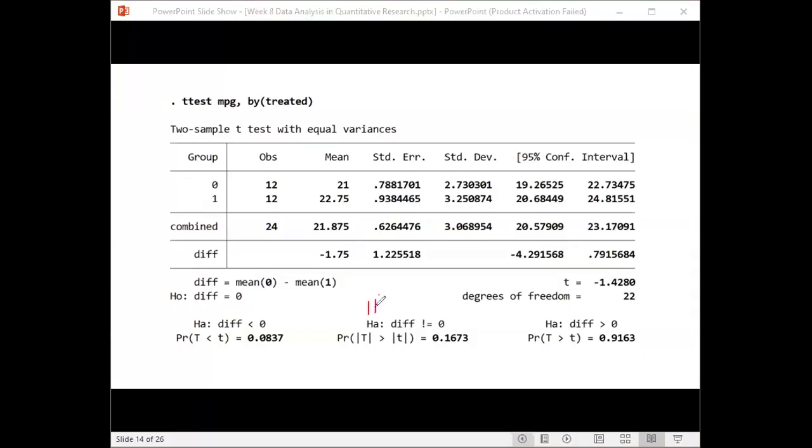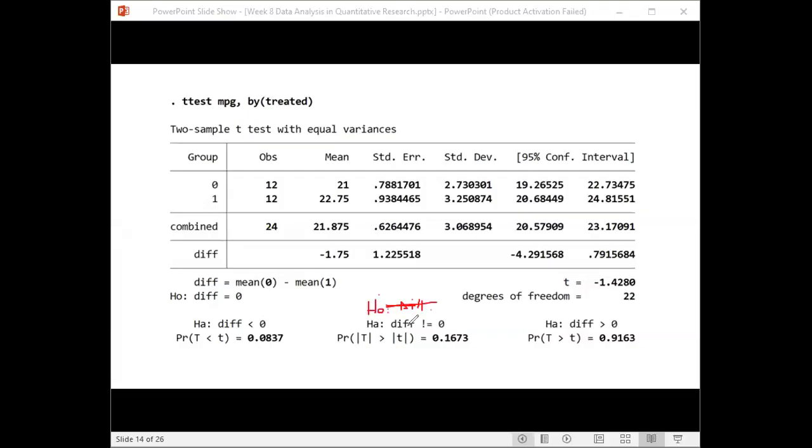It means that the H0 in this instance here is that the difference is equal to 0. Okay, and then the HA is saying that the difference is not equal to 0.